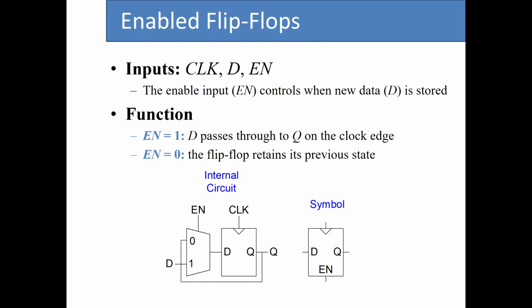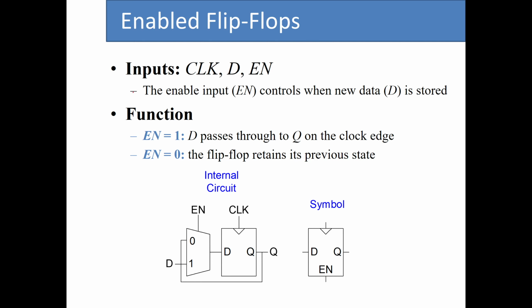So when the time is appropriate, you let those states be changed, whether needed or not. That is the main reason behind having an enabled flip-flop. This gives us an additional level of control over whether we want to store any state or not.